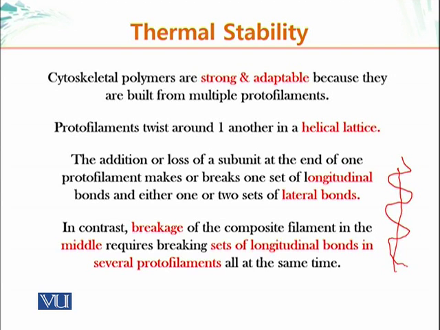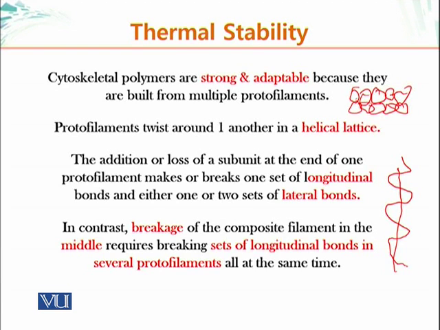The addition or loss of a subunit at one of the ends of protofilaments makes or breaks one set of longitudinal bonds and either one or two sets of lateral bonds. So what I'm saying is like the drawing I made in one of the previous modules. The subunits can associate with each other longitudinally and also laterally to form larger filamentous structures.